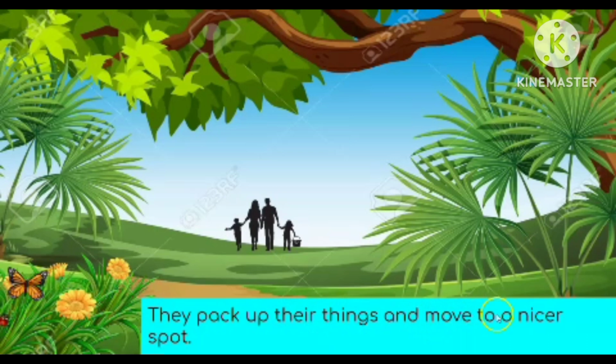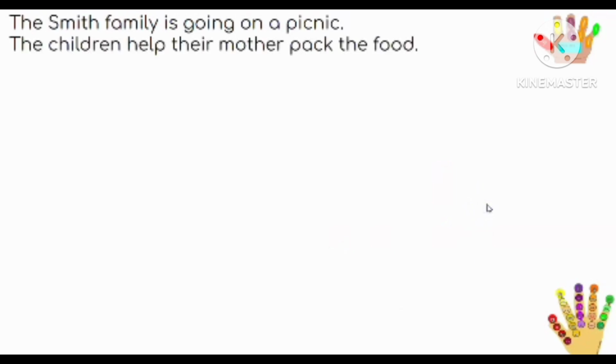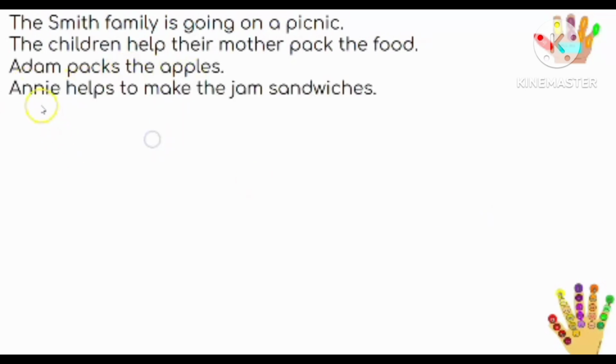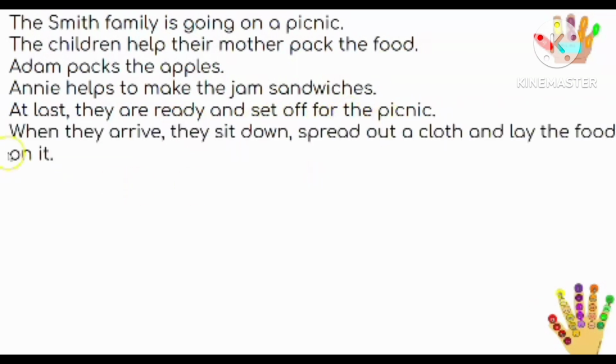Let's read the story without pictures this time. The Smith family is going on a picnic. The children help their mother pack the food. Adam packs the apples. Annie helps to make the jam sandwiches. At last, they are ready and set off for the picnic. When they arrive, they sit down, spread out a cloth, and lay the food on it. Annie rubs her arm. Something is tickling me, she says.